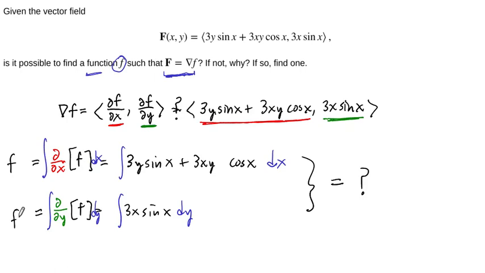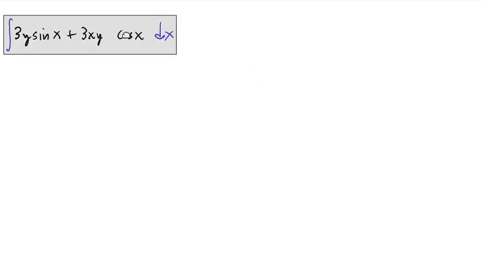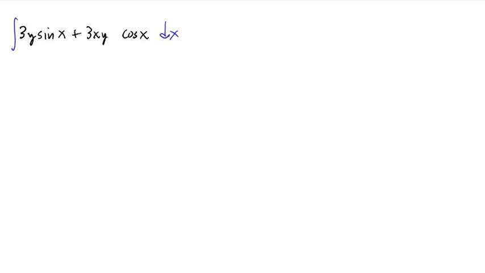These are partial integrals, so we should be okay with this, but let's compute them. So I'm going to copy this one and start with this. Let's do this one first. All right, this one is an integral, obviously, that has two separate parts, so I'm going to break it up.